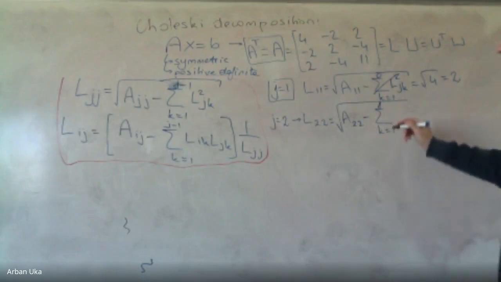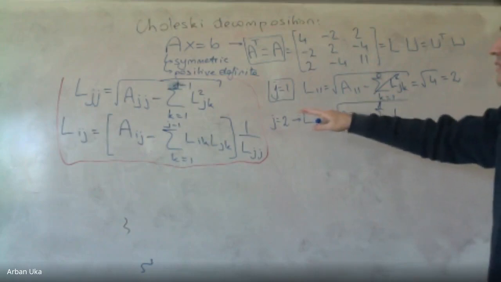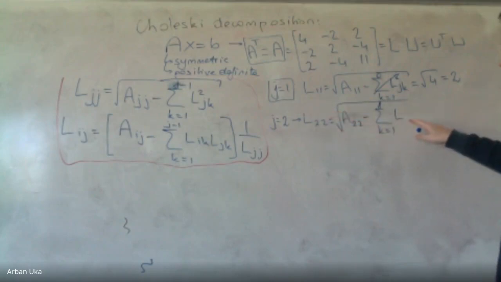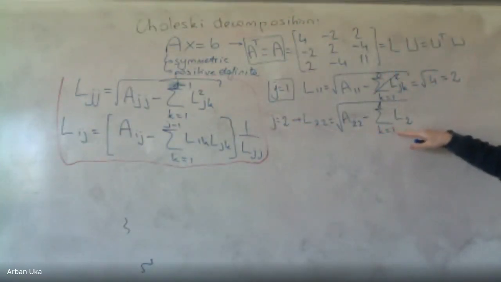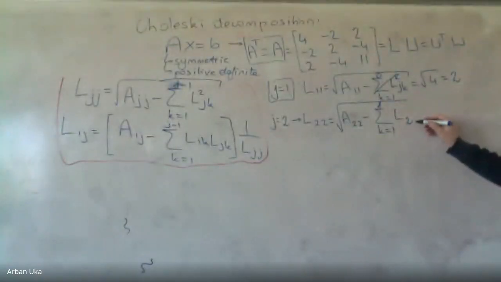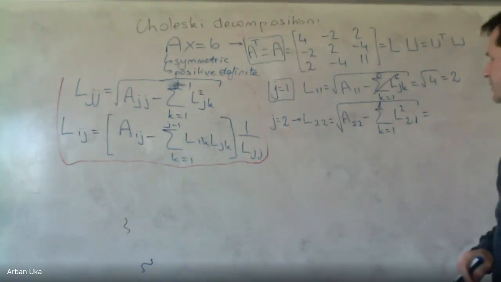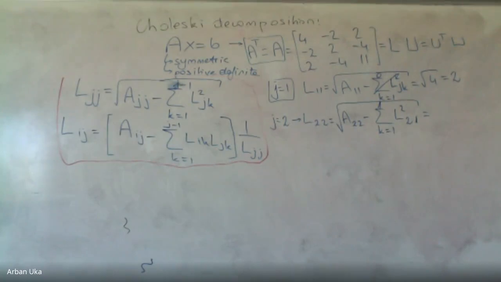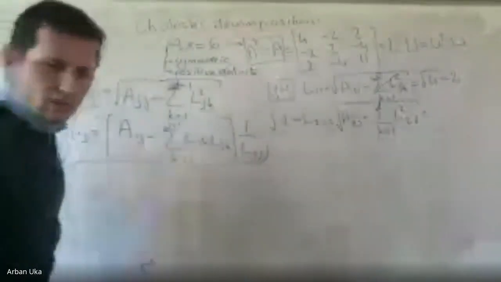Since K is from 1 to 1, let's write L21 squared.